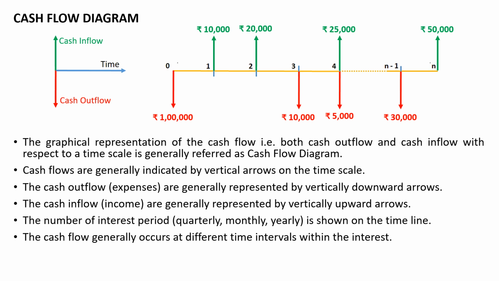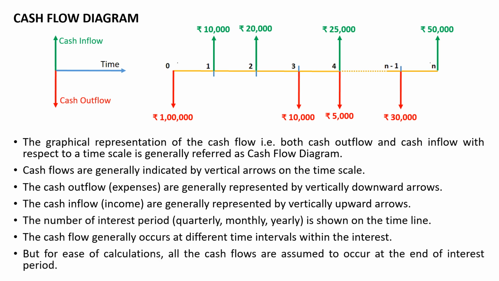The cash flow generally occurs at different time intervals within the interest period. But for ease of calculation, all the cash flows are assumed to occur at the end of interest period.